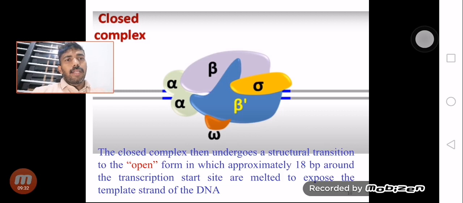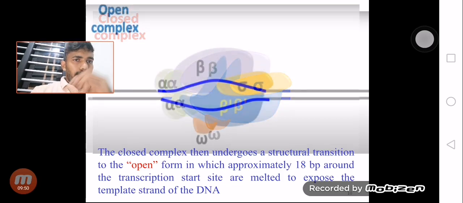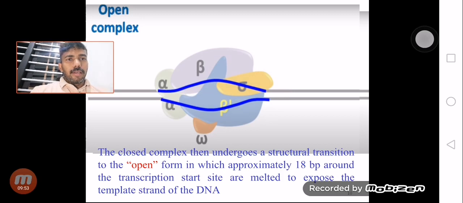That means melting of the DNA double strand at the promoter region, covering the +1 site, and usually the number of bases melted is around 18 base pairs. This is done by the polymerase enzyme to form an open complex. So now the closed complex is converted into an open complex.